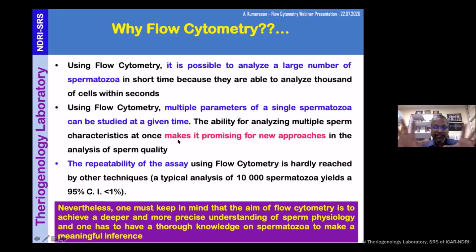But all these lucrative and garnishing words are not that important. One must keep in mind that the aim of flow cytometry is to achieve a deeper and more precise understanding of sperm physiology, and one has to have a thorough knowledge of spermatozoa to make meaningful inferences. Otherwise, garbage in, garbage out.